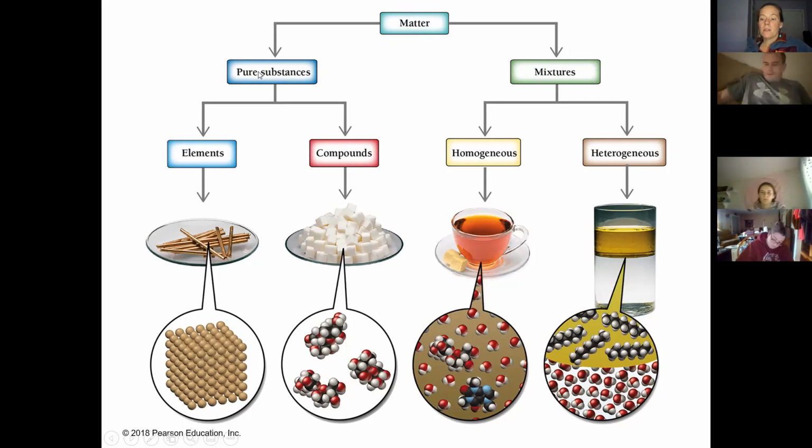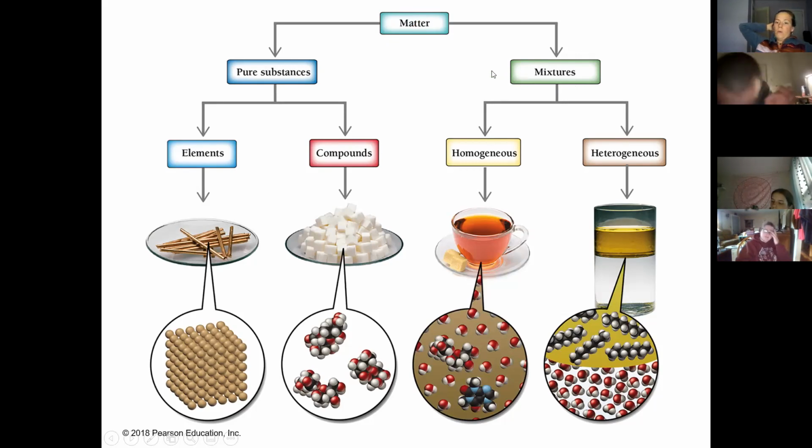For a pure substance, we can separate that into being either an element or a compound. A lot of times people get compounds and mixtures mixed up. We will go over what those mean, but definitely don't interweave these two together.